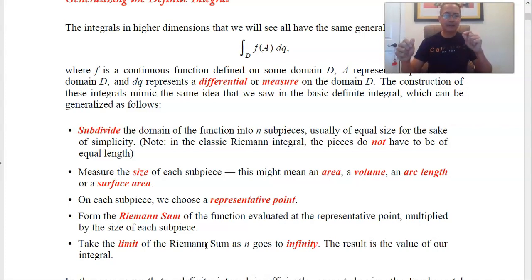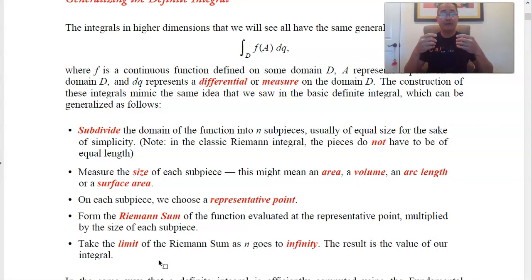But the hard part, which again we won't see in reality, is to take the limit of that Riemann sum. What's going to happen as the number of pieces goes to infinity? That is the last step in the process. And the number that we get, hopefully, is going to be the value of our new kind of integral.